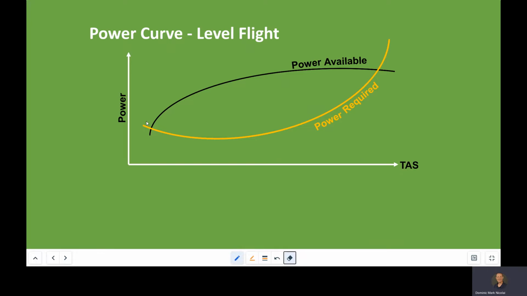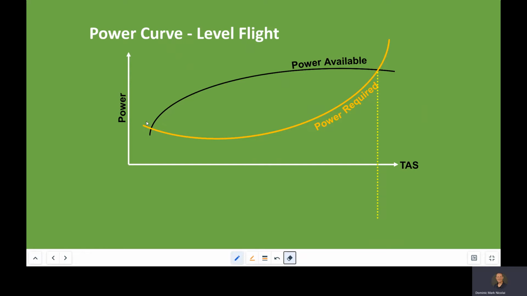And if you're thinking this power required curve looks a lot like a drag curve, then you are thinking the right way with it. And where the two curves meet at the right side there, that's your fastest possible speed in level flight. And that's it. You just can't go any faster and maintain level flight.